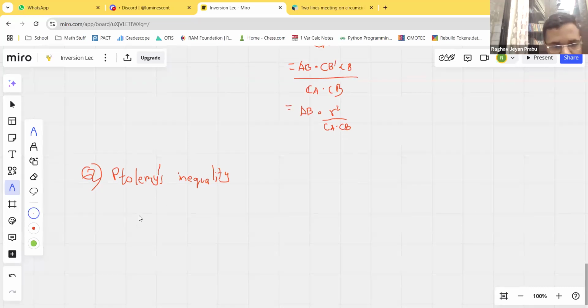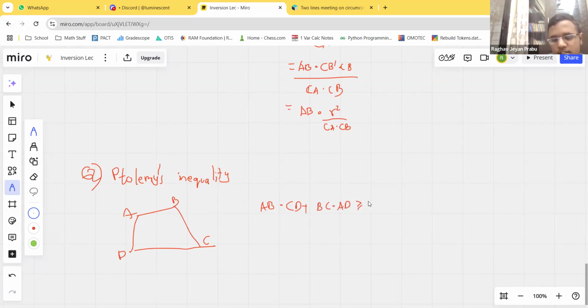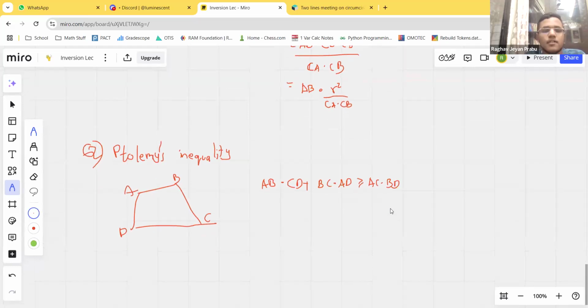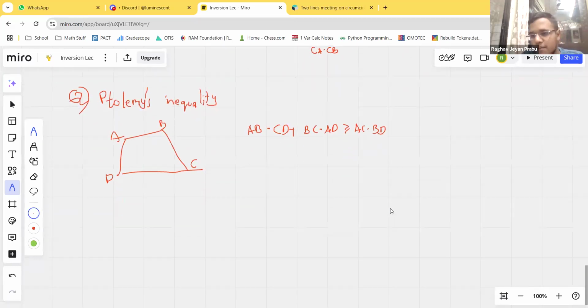It states that if you have a quadrilateral in general, ABCD, then you have AB times CD plus BC times AD is greater than or equal to AC times BD. Okay. So does anybody have any ideas as to how to approach this? One big hint is that this is an inversion lecture, so inversion is somehow involved.